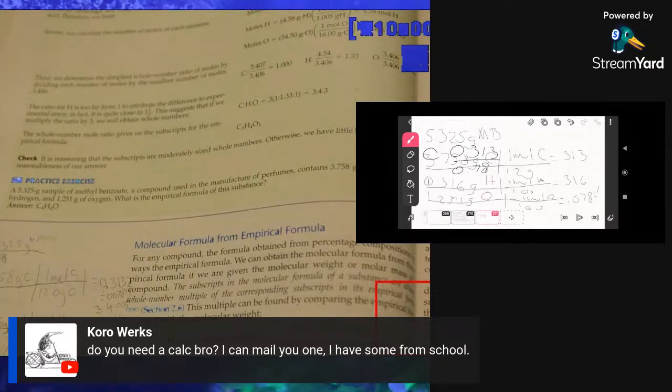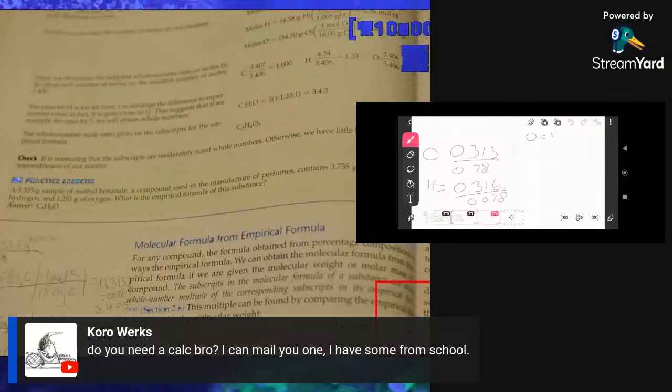And then for the hydrogen, it's going to equal 0.316 divided by 0.078, and then the oxygen is going to equal 1. All right, there you go. Oxygen is equal to 1 because it's divided by itself.